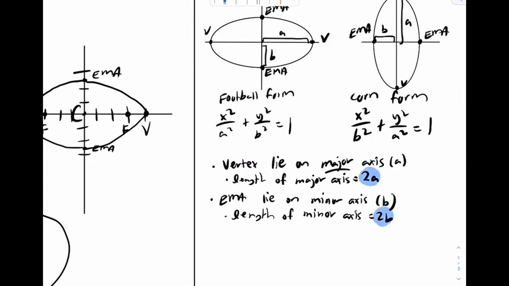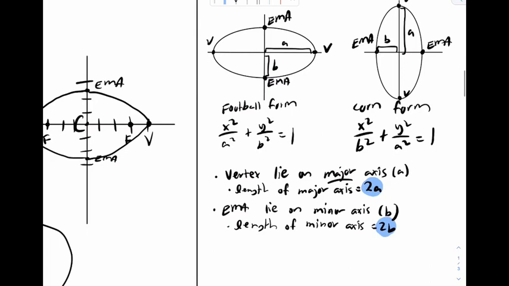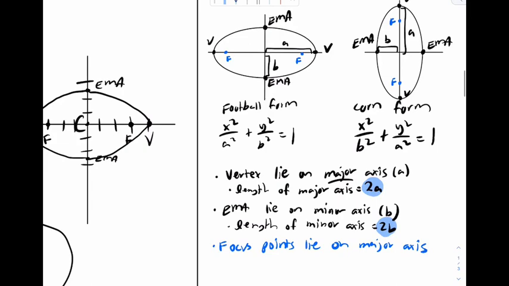So let's highlight that. And of course we have our foci points, we'll put those in. F, F, F, F. So I'll put focus points lie on the major axis, and that relates to C. C is the distance from the center to foci points.